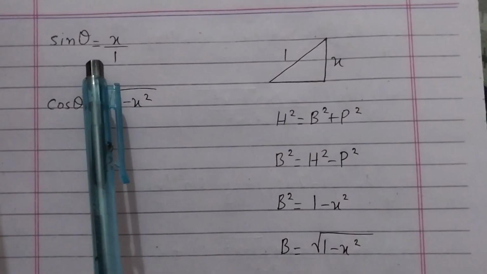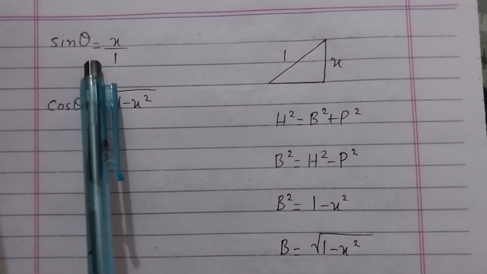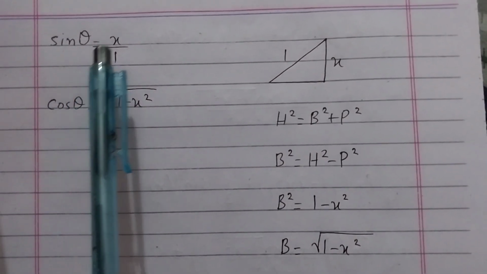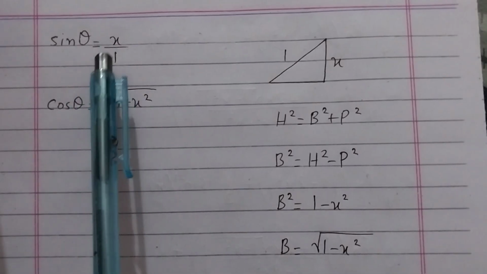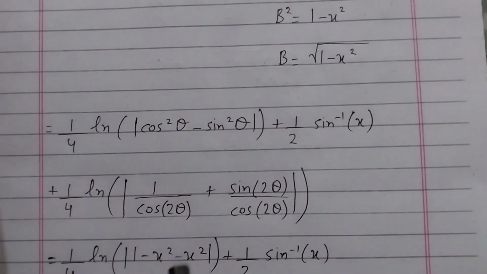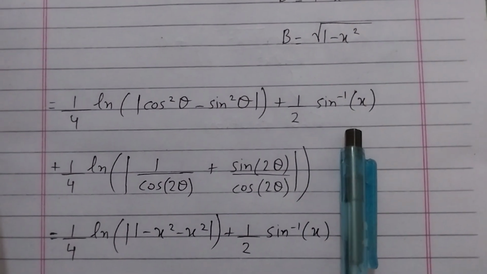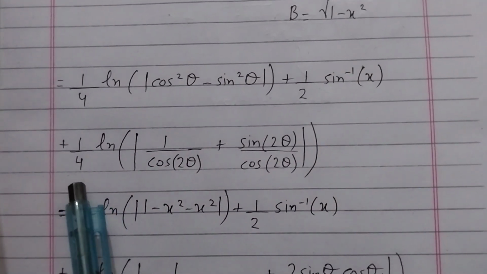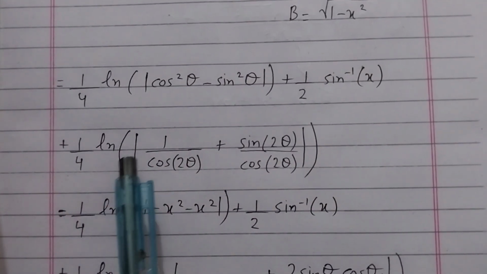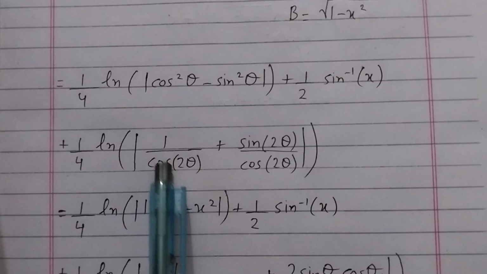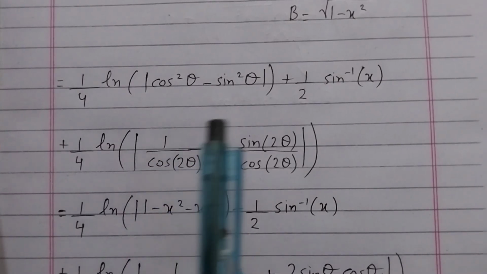If we want the value of theta from here, we need to take the sine inverse of both sides, so theta is equal to sine inverse of x. So in the place of theta I have written sine inverse of x, and the third term was plus 1 over 4 natural log of this, here it was tan 2 theta plus secant 2 theta.